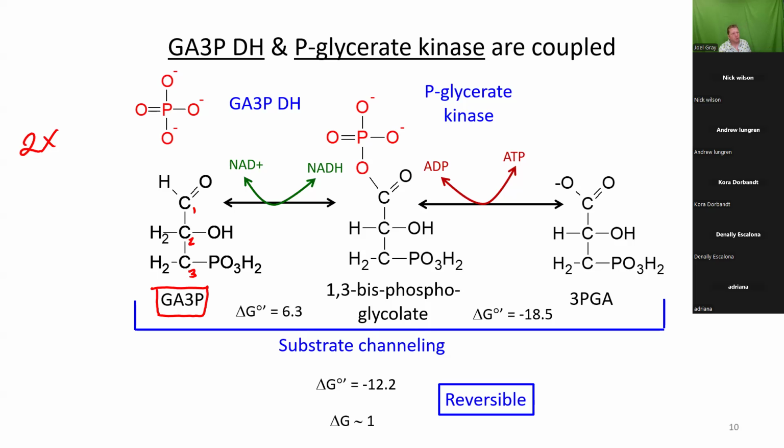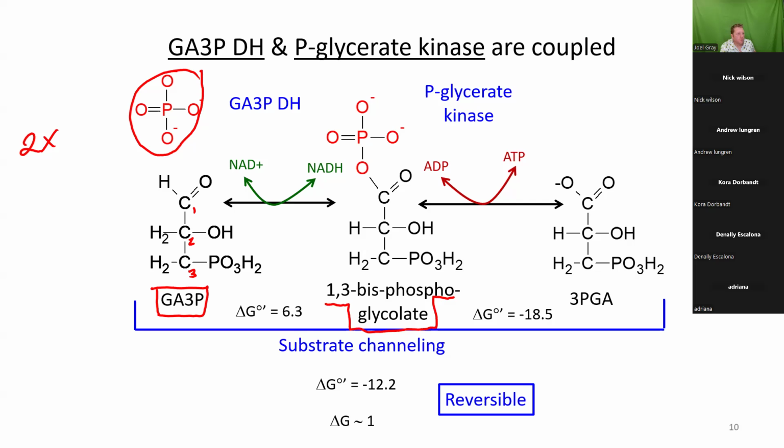Then we're going to reduce NAD+, and by virtue of that, we're going to be oxidizing glyceraldehyde 3-phosphate. In the process, we're also going to add a phosphate onto glyceraldehyde 3-phosphate, where we make 1,3-bisphosphoglycerate.